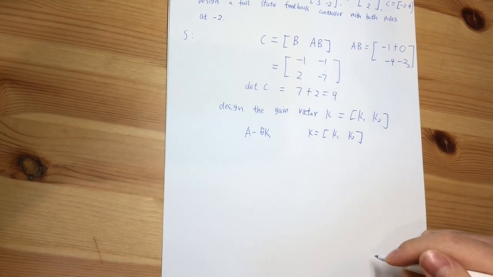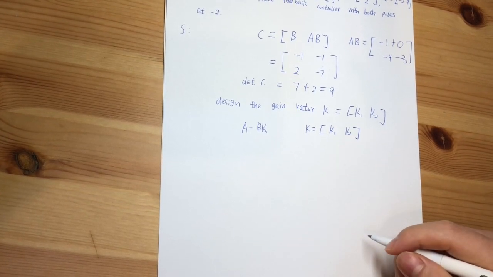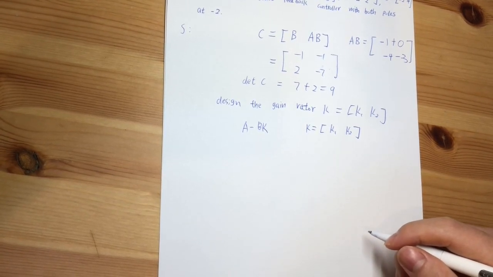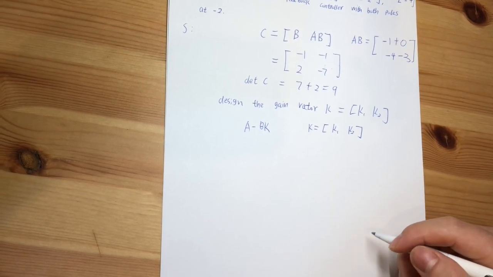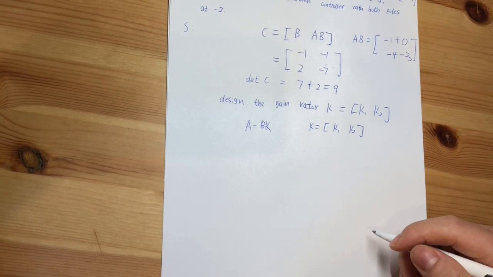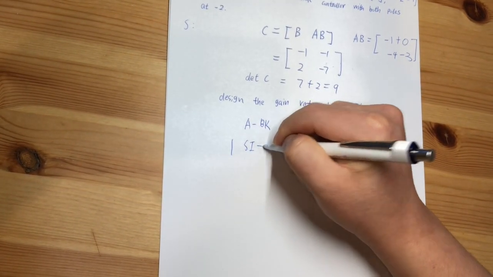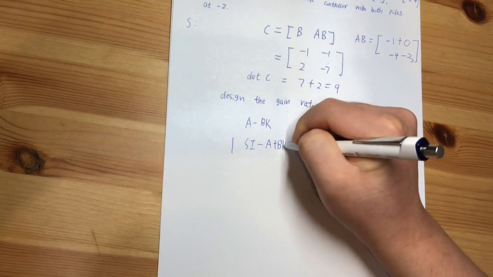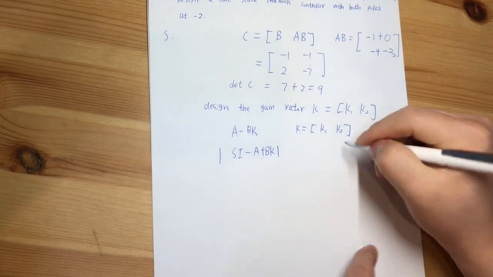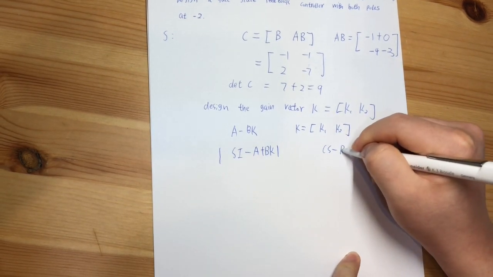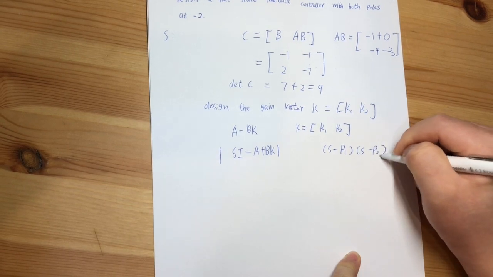We can write K equal to [k1, k2], and we substitute this K matrix into the desired characteristic polynomial and equate it with (s minus p1)(s minus p2).